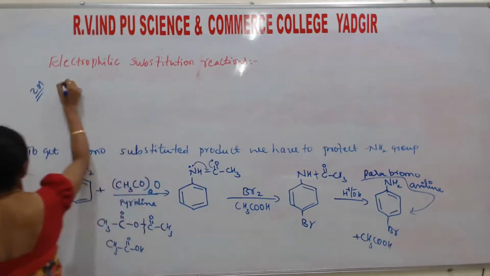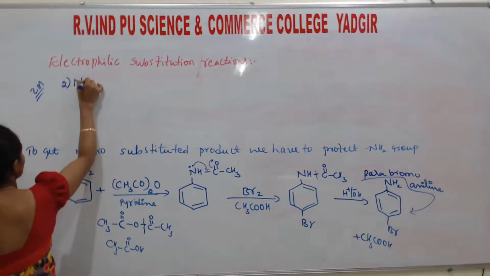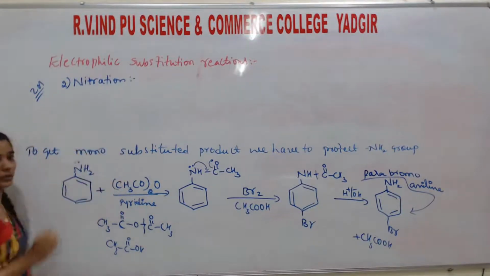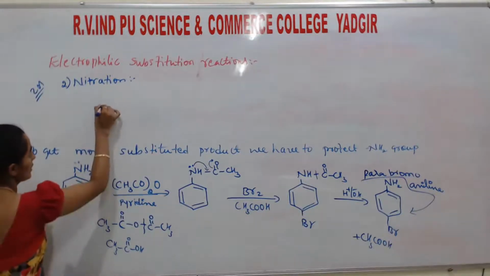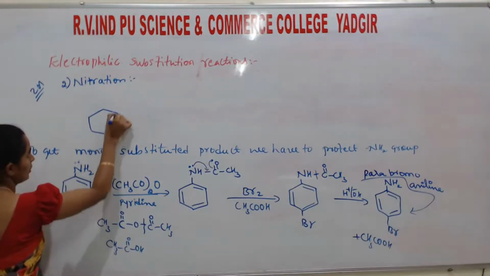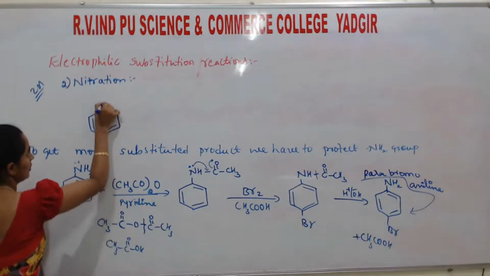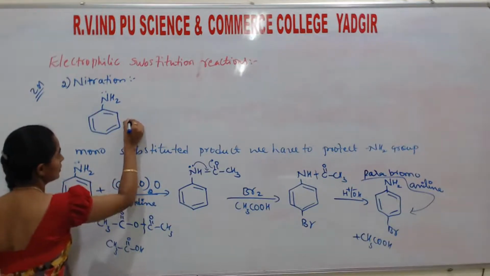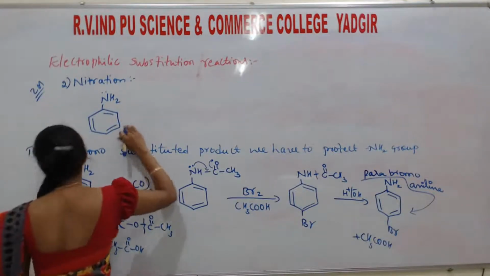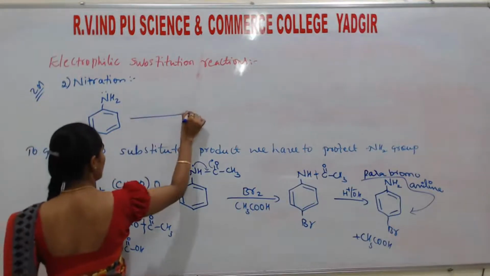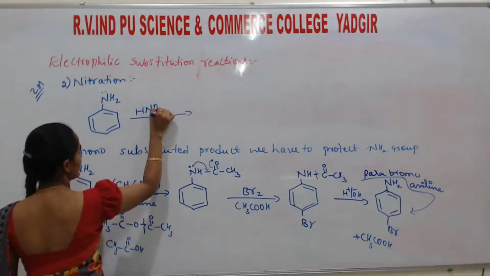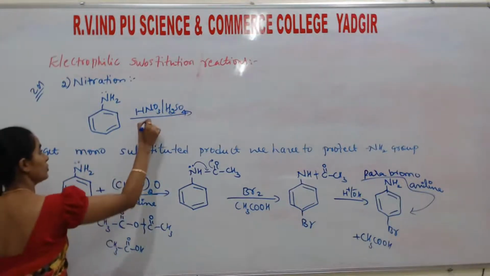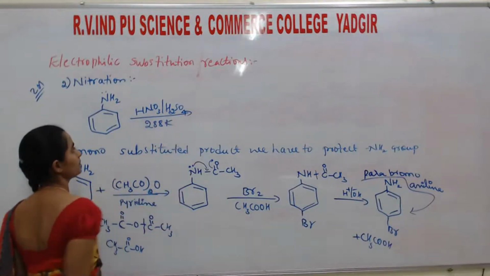So the next one is nitration. Okay, so what is this nitration? Means the aniline reacts with, I take directly the reagent, nitrating mixture, that is HNO3 and H2SO4 at 288 Kelvin.